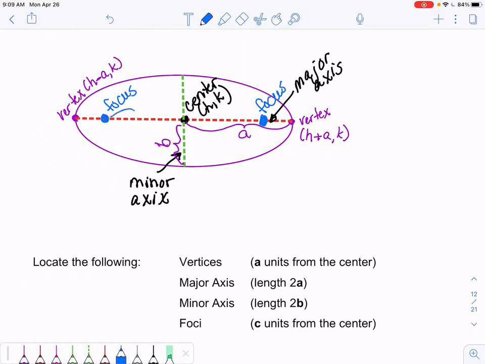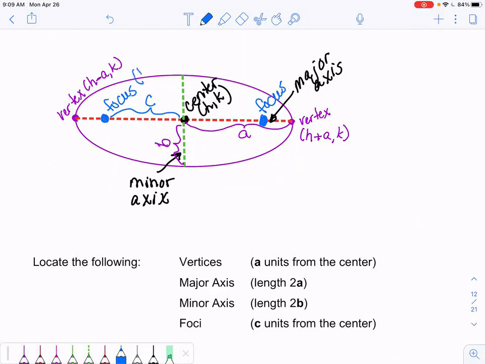I'll put that on the left side here, since I have a lot going on the right. You can see that there's a ton of stuff up here. We have two vertices, two foci. We also have the height of the ellipse. So I have three letters that we're talking about: a, b, and c.